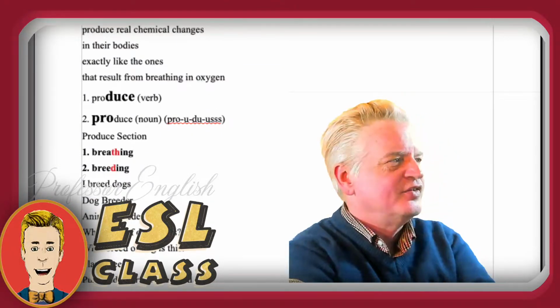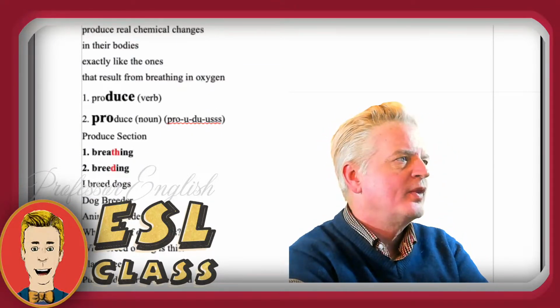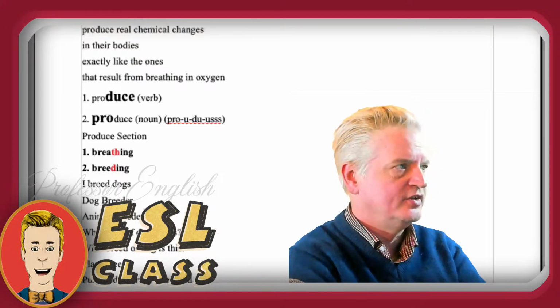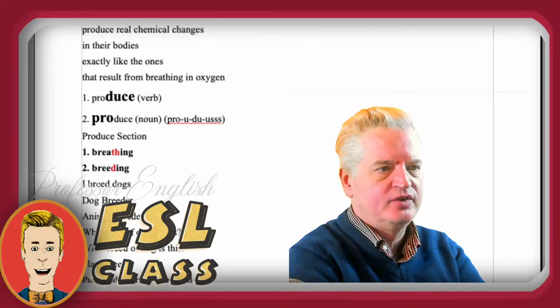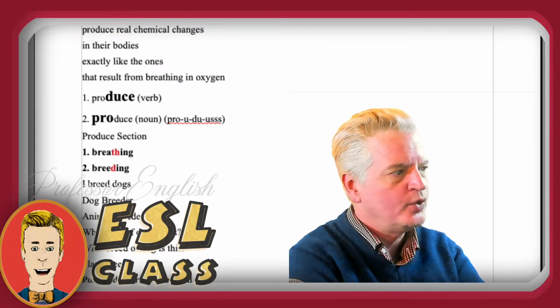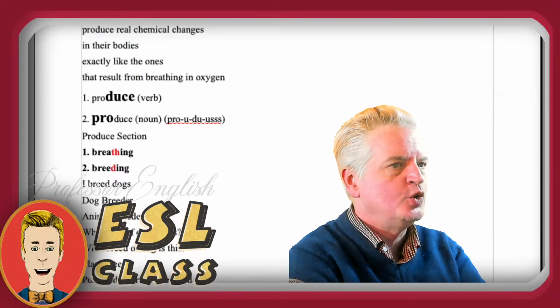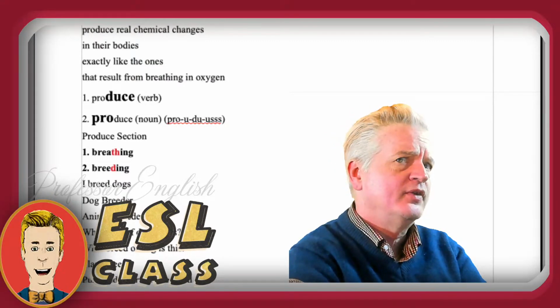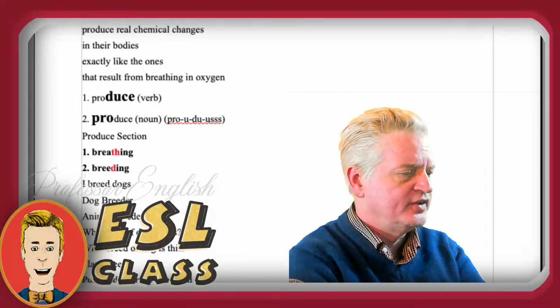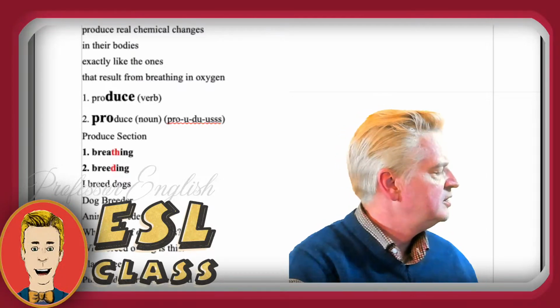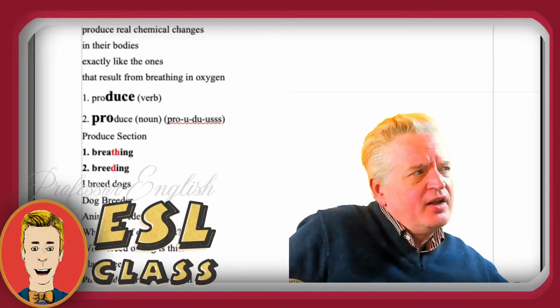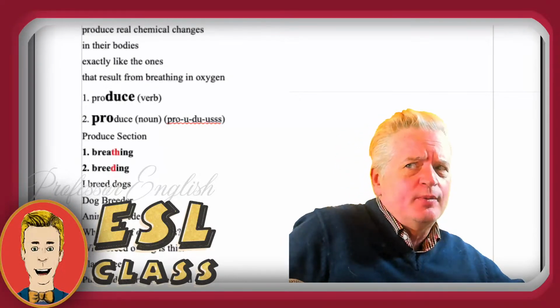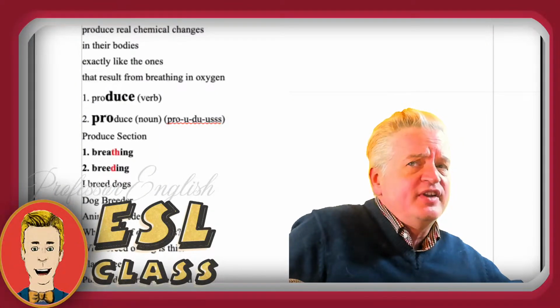Let's move on to the next phrase, which is produce real chemical changes. Produce. What do you think about that word, produce? Are those long vowel sounds or short vowel sounds? First one, normally it would be long, but it's not long here.